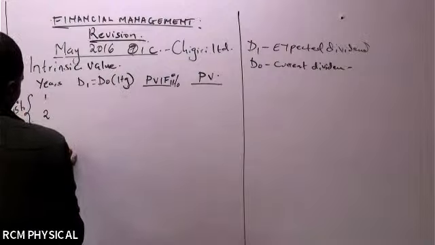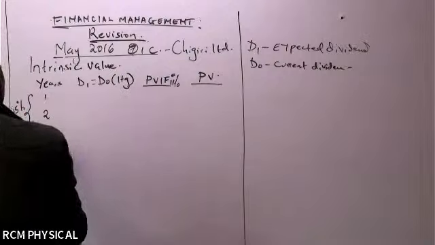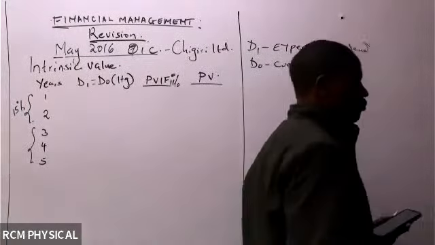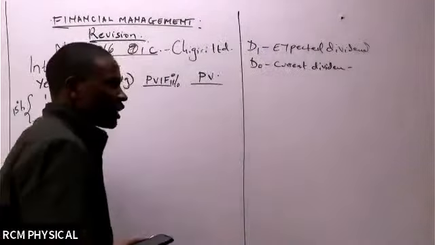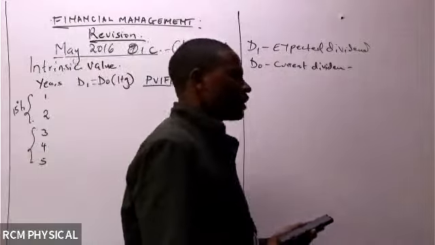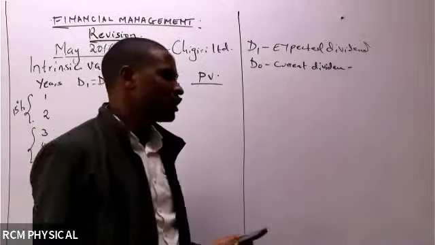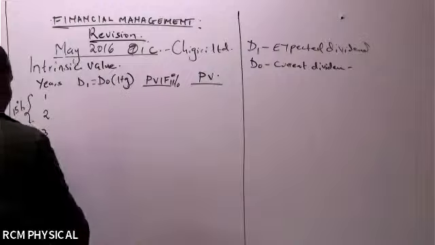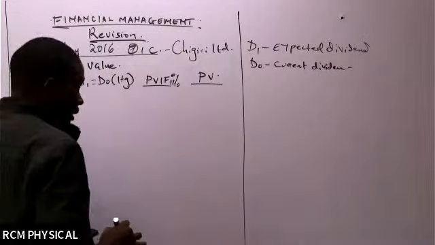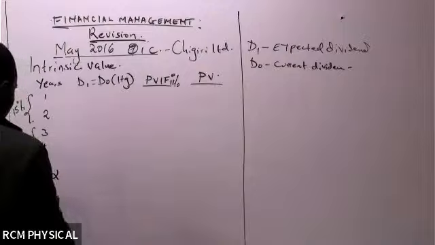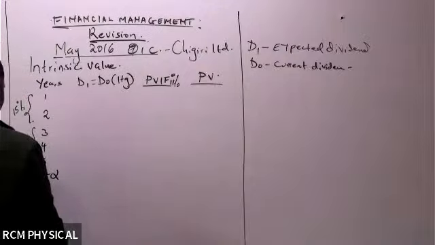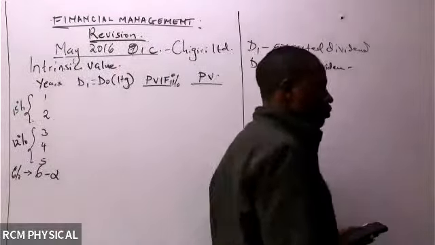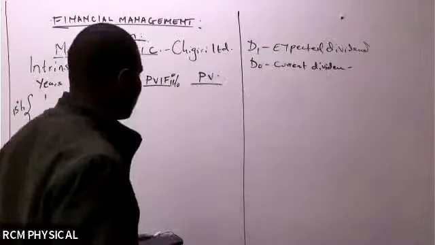For years 3, 4 and 5, the dividend is growing at which rate? 12%. Then I have year 6 to infinity, which will grow at a rate of 6%. So the growth rate for that is 6%. It's always good to indicate it that way.